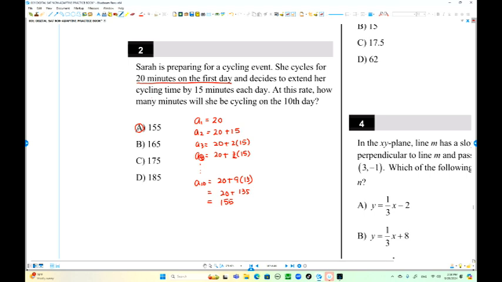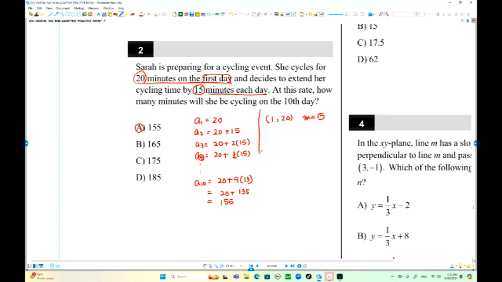But if you want to use equations, the equation looks like this. The first day is not day 0, okay? 20 is the number on the first day. So maybe you can write out: when x is 1, y is 20. Increased by 15 minutes every day, so the slope is 15.